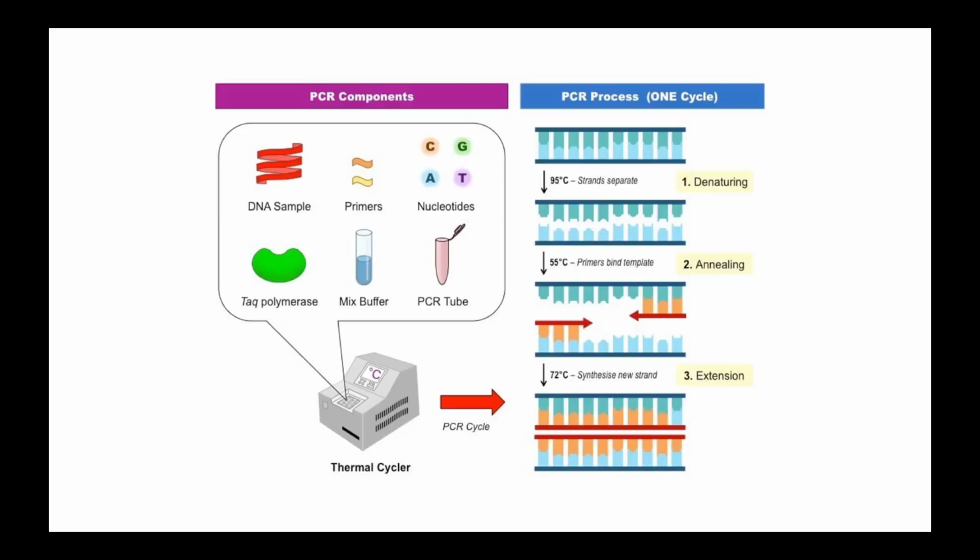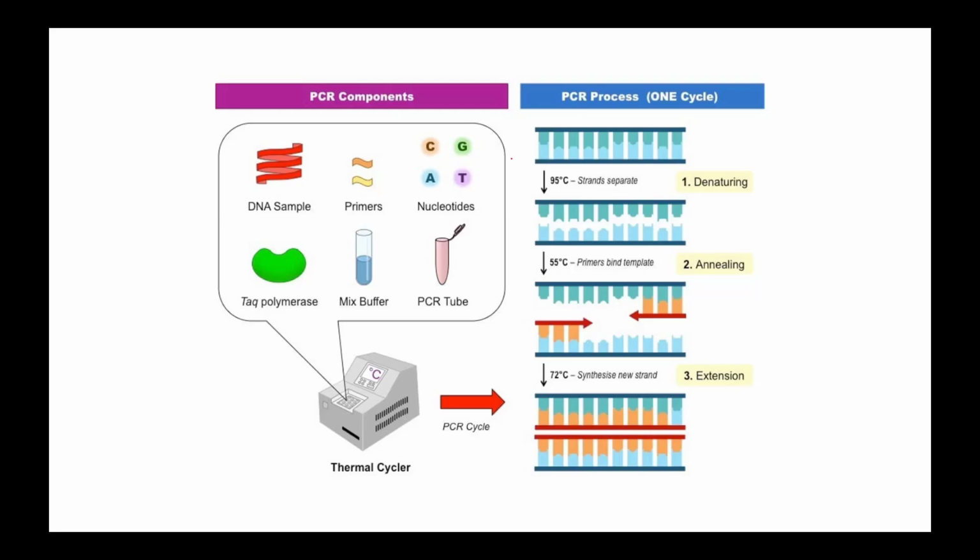So to summarize, the PCR components that are needed in a thermocycler are the DNA sample, or the template DNA. We'll require the primers so that they will amplify the particular specific segment of the DNA.